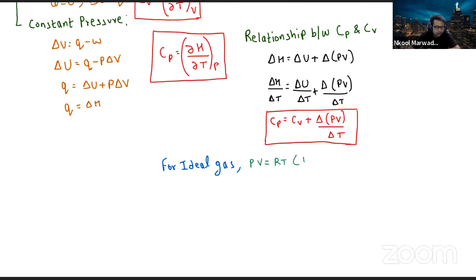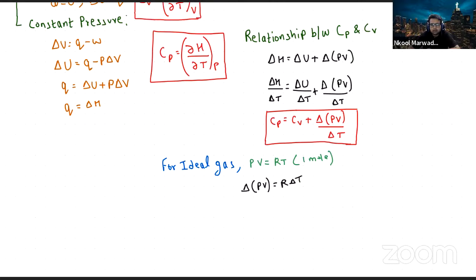So PV is equal to RT. So I can say that delta PV is R delta T, since R is a constant.